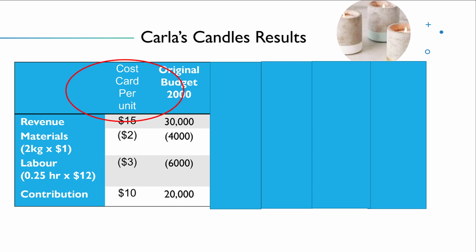You need those standards. So if you look at the materials, you need to know it's 2 kilograms per unit at $1. And labour, you need to know it takes 15 minutes to make a candle at $12 an hour. And you need to know that the sales price was budgeted to be $15. So overall, we were budgeting a contribution of 10.